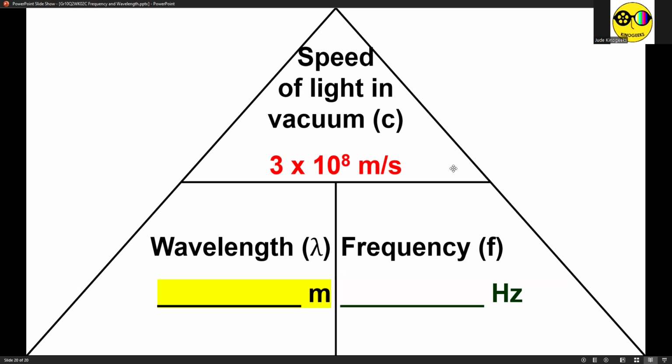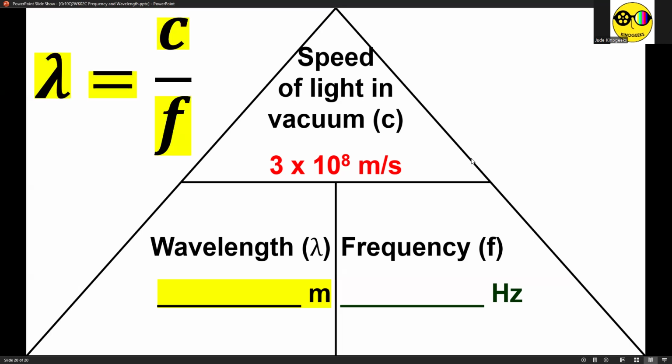So we never solve for the speed of light in vacuum because that's a constant. To solve for wavelength, all you have to do is divide the speed of light in vacuum by the frequency. And to solve for frequency, all you have to do is divide the speed of light in vacuum by the wavelength.